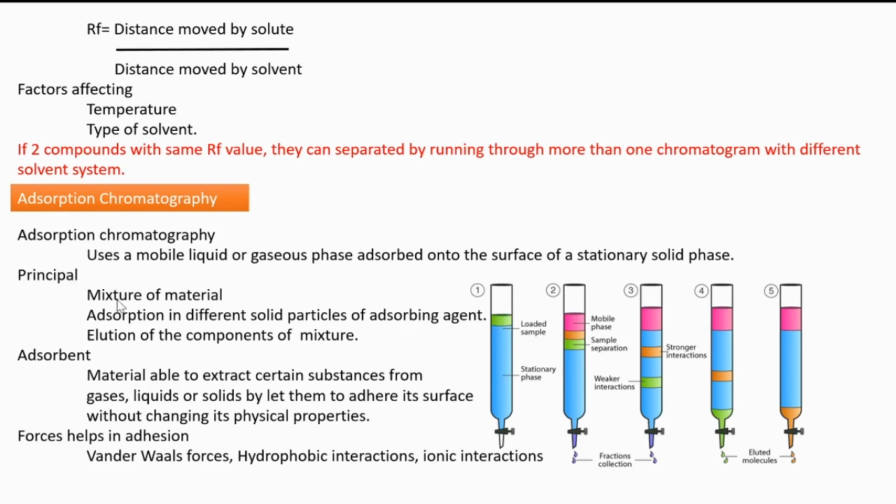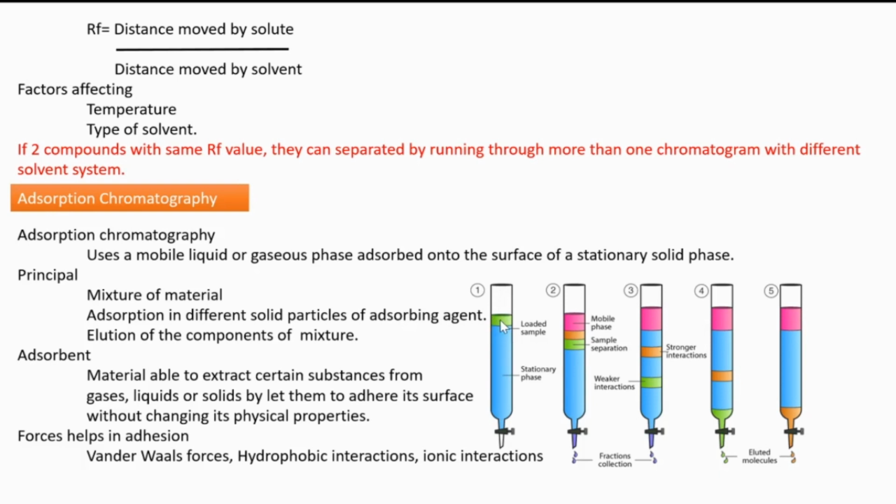So what is the principle? We are taking a mixture of material that needs to be separated, diluted in a solvent. Solvent means the mobile phase that we are taking for that chromatographic procedure. There is a column, first filled with a solid stationary phase that acts as an adsorbent.